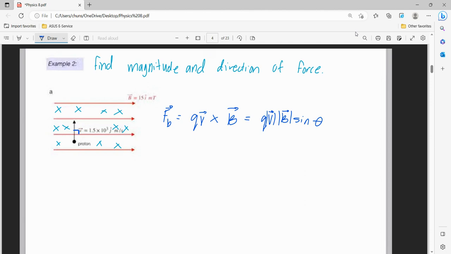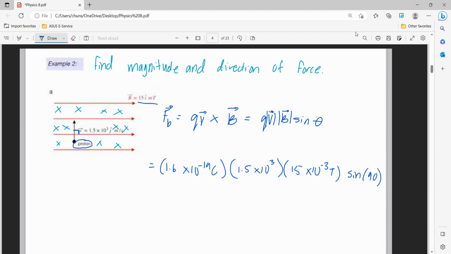We know our charge of our particle, which is a proton. We have our velocity, and we have our field. So, given that, we can use these values. So this is 1.6 times 10 to the negative 19 coulombs for our charge. Velocity is 1.5 times 10 to the 3 meters per second. And we have 15 times 10 to the negative 3 Teslas.